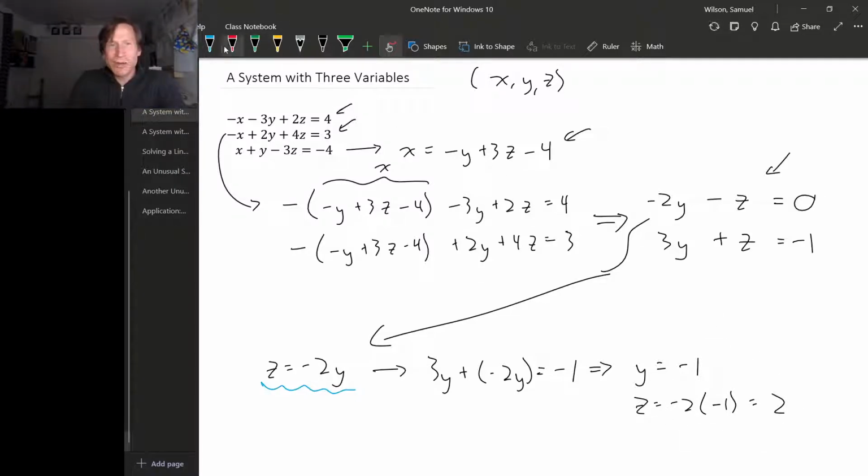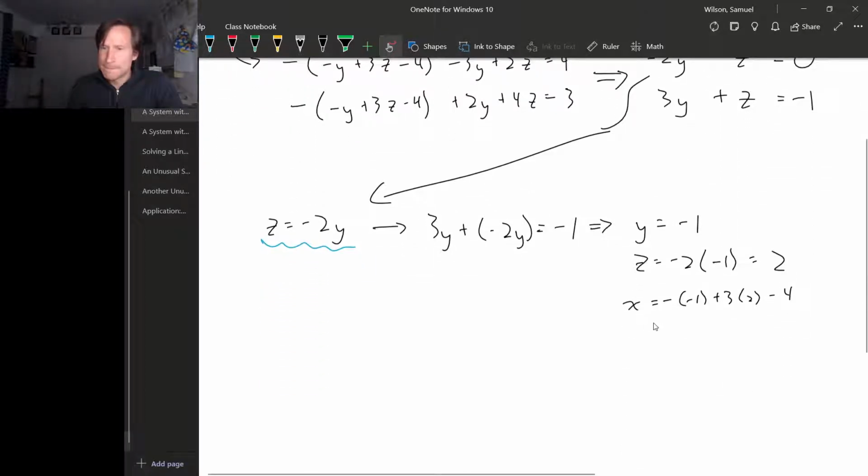And now we can go all the way back up to this equation and use y and z to find x. So x is negative y, which is minus 1, plus 3z, which is 2, minus 4. So plus 1 plus 6, so that's plus 7, minus 4 is 3.